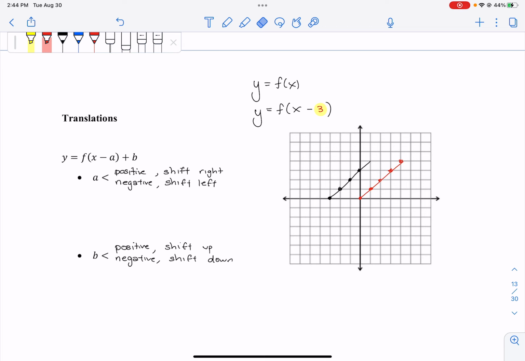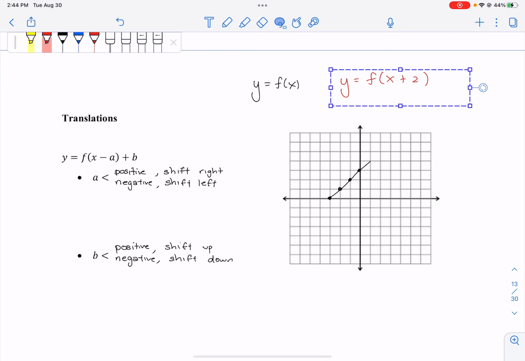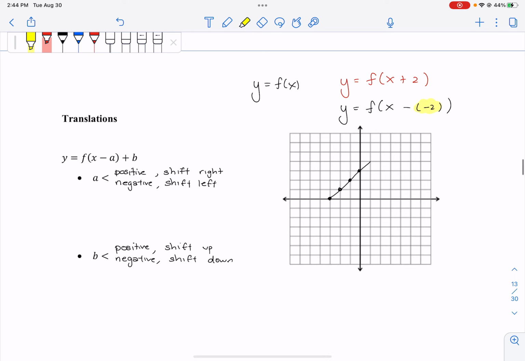If I somehow did something different, let's say if I do this, y is equal to f of x plus 2, I can actually rewrite this as y is equal to f of x minus negative 2. So this number here is negative.